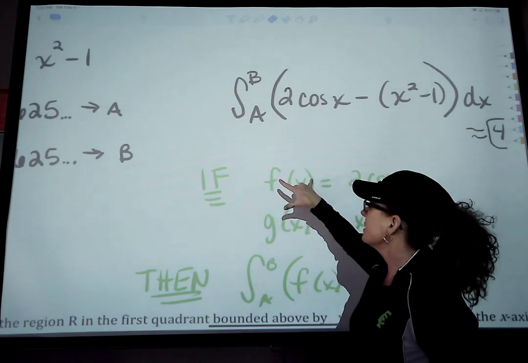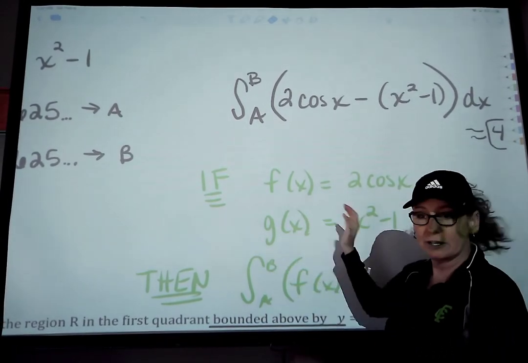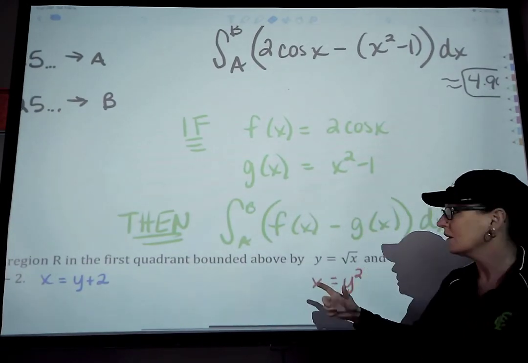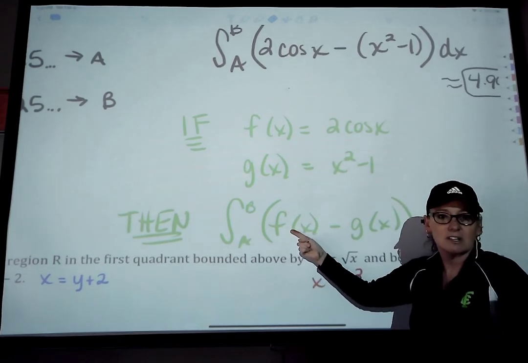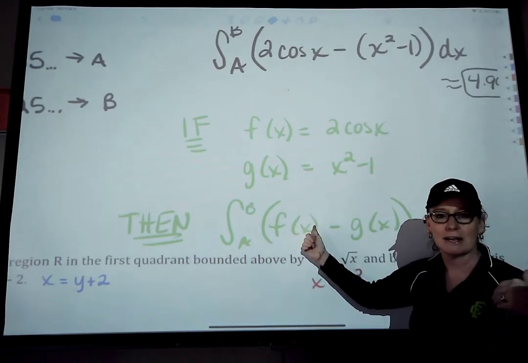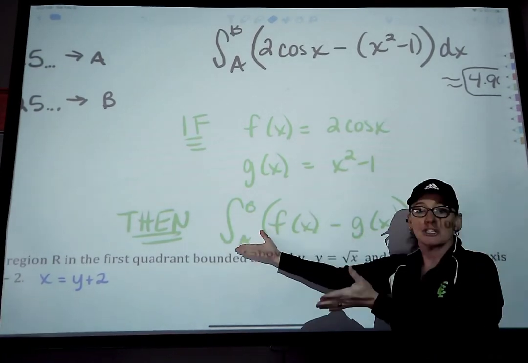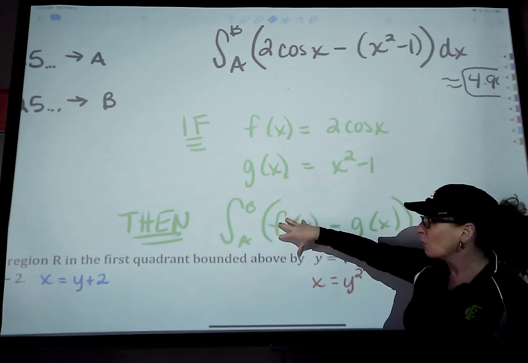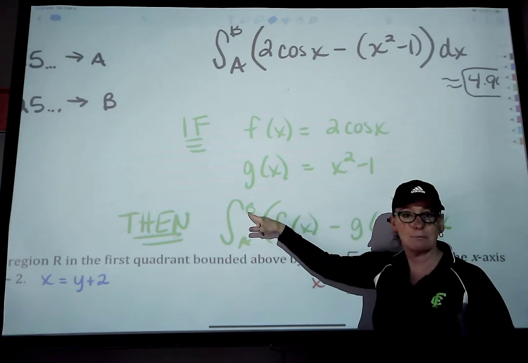If it says the name of this function is f, the name of this function is g, go ahead and do everything like I showed you how to do. But when you show your work, you don't have to write out all the ugliness of this function. If it's an ugly one, you can just call it by name. This is showing me exactly what you typed into your calculator because I know what f of x is, it told me, and then you told me what a and b are.